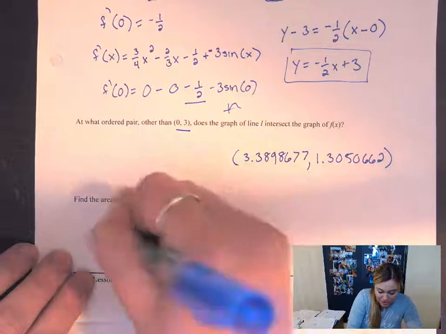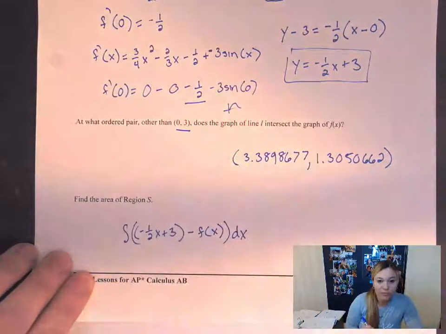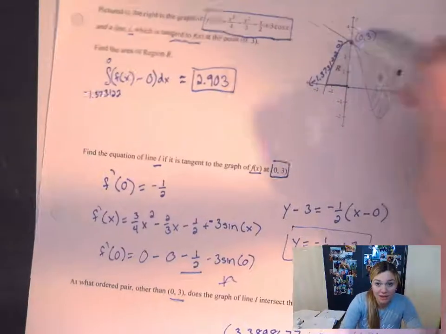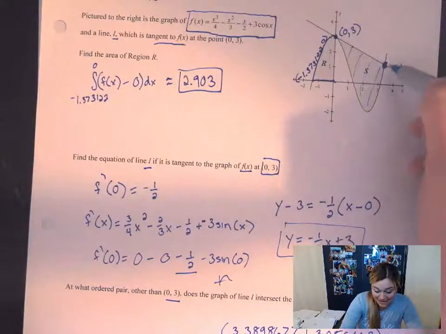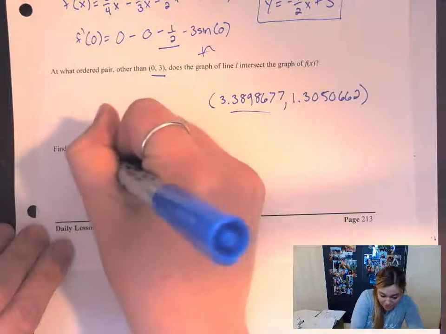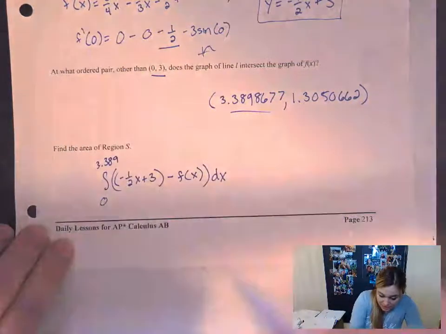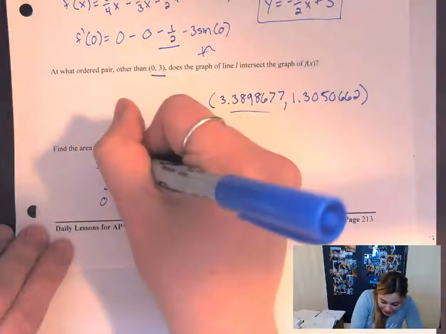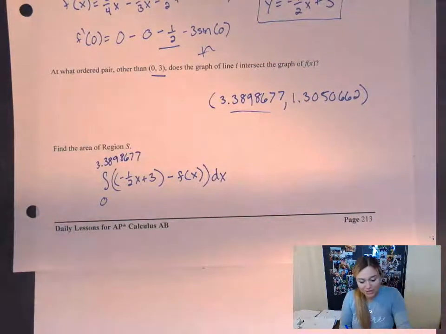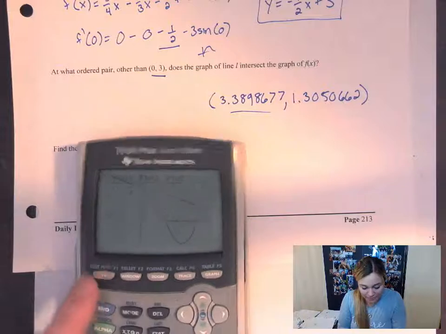Save yourself some writing. I'm going to go from 0, because that's where my intersection was on the left. Over here, it's an x value, so I'm going to choose this 3.3898677.